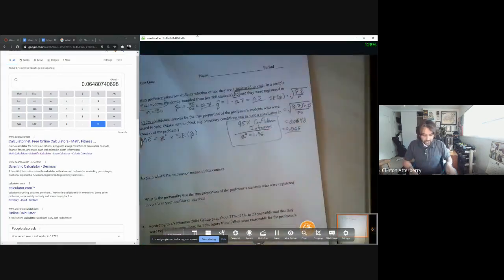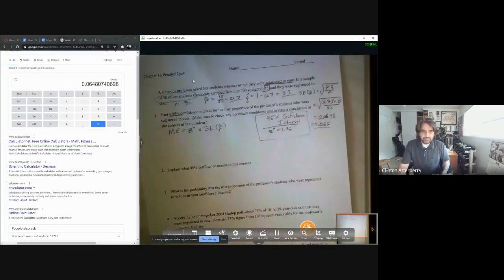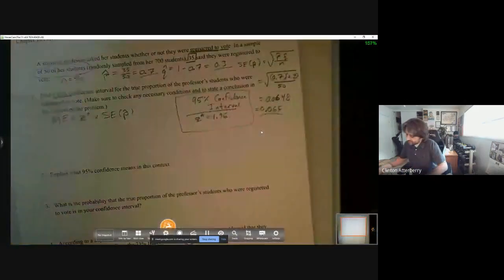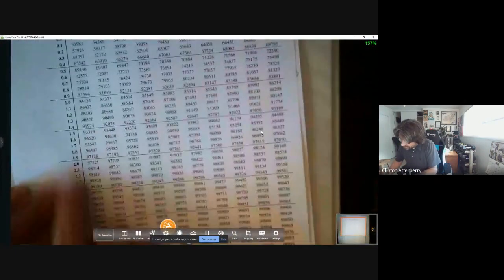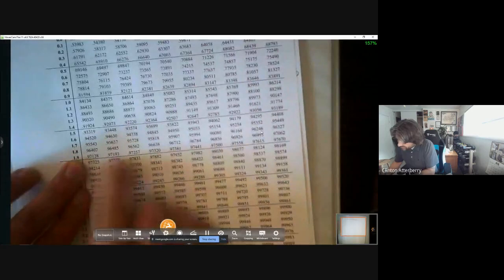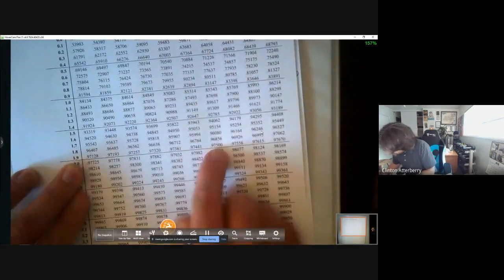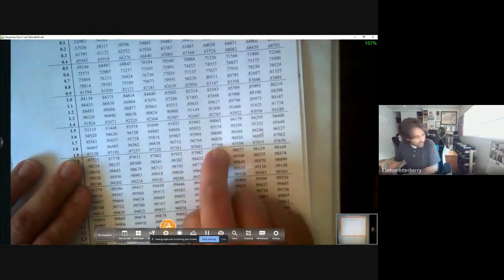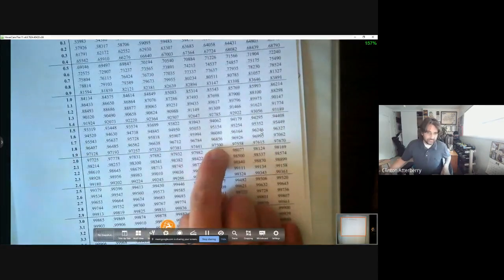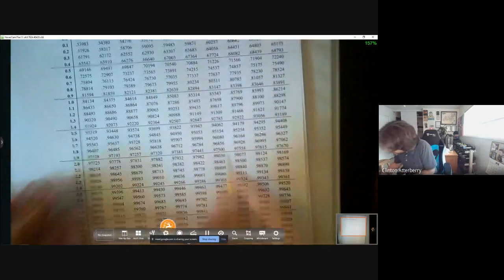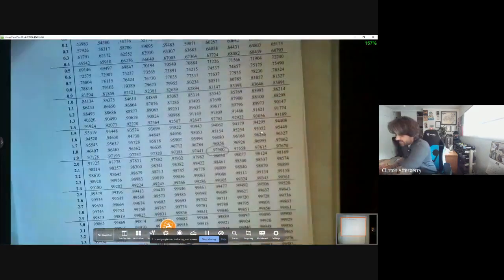If I go to 1.96 on my left-hand shaded Z-score table, look what comes up. 1.9, 1, 2, 3, 4, 5, 6. Okay, hold on. So there's that right there. Okay, 1.96 is 0.975. I'm going to make note of that and show you why it works.